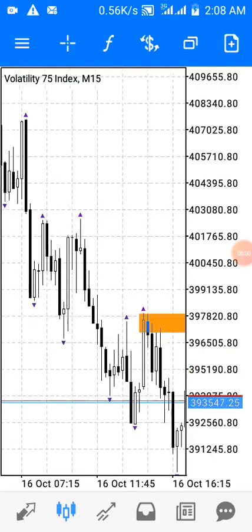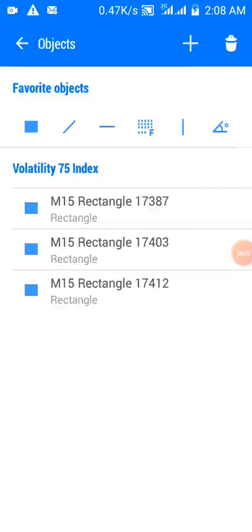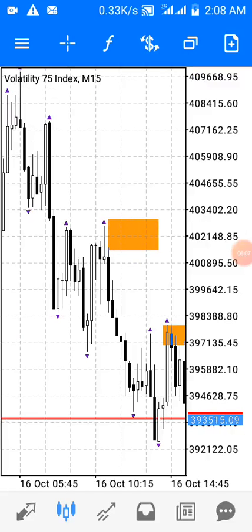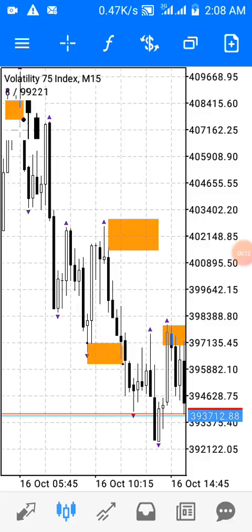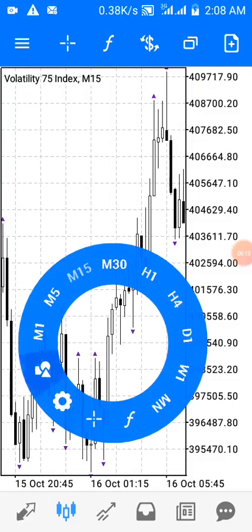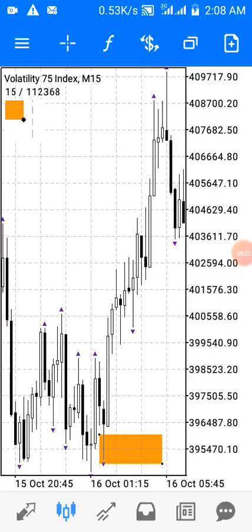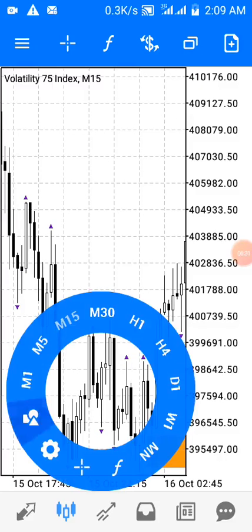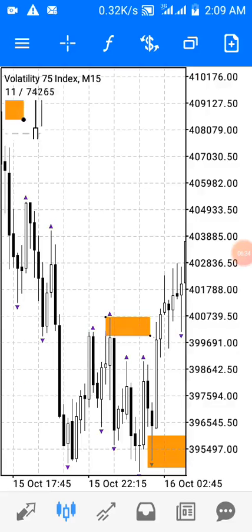This is a resistance area, and this is a support. So it continues like that. This is a support area. You can see the accumulation of fractals, and this is a resistance area.